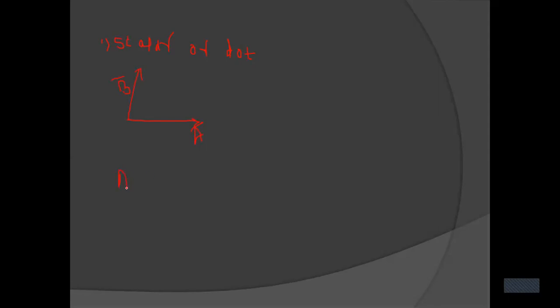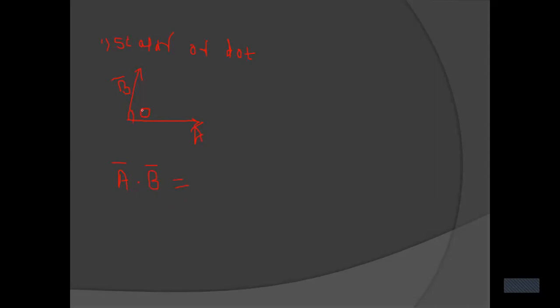So A bar dot B bar is equal to, this dot product is defined as the product of the magnitude of vector A bar, the magnitude of vector B bar, and the cosine of the angle between these two vectors.